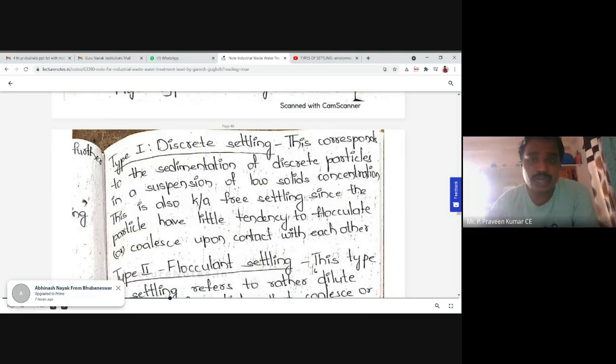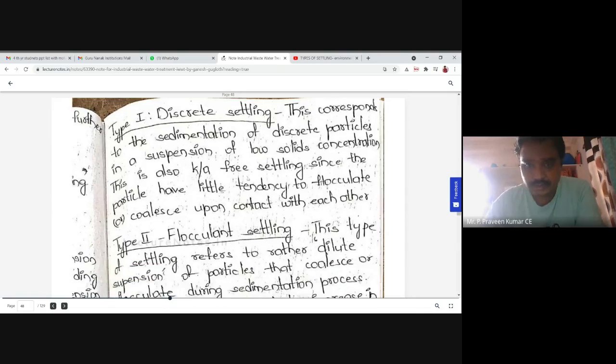Mostly this type is seen in the preliminary process, in grit chambers, screens and some other units.